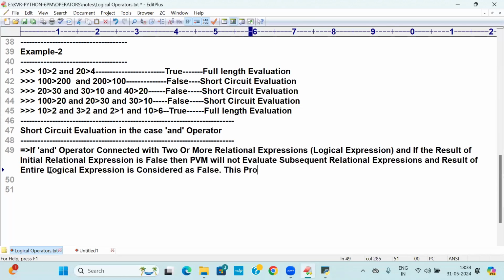This process of evaluation is called short circuit evaluation.